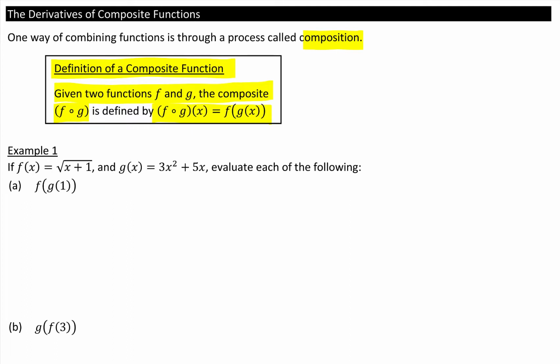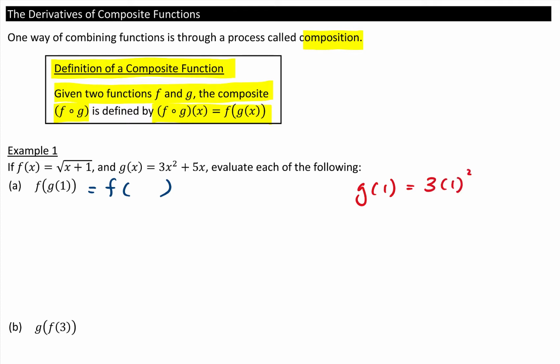If f of x equals the root of x plus 1 and g of x equals 3x squared plus 5x, let's evaluate each of the following. Let's start with f of g of 1. First of all, we need to determine the value of g of 1. We start with the inside. g of 1 would be taking the function 3x squared plus 5x and subbing in the value of 1.